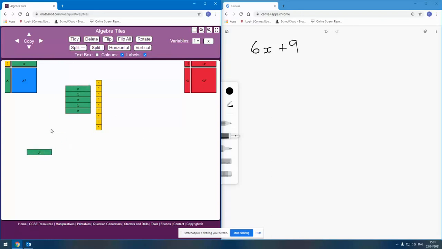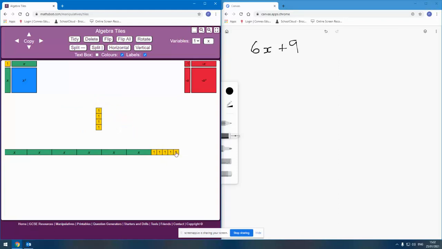The obvious thing we can do is to arrange those in one long, thin rectangle. We put the 6x's in one long, thin rectangle, and then the 9 ones. But this is just equivalent to saying that 6x plus 9 is one lot of 6x plus 9.